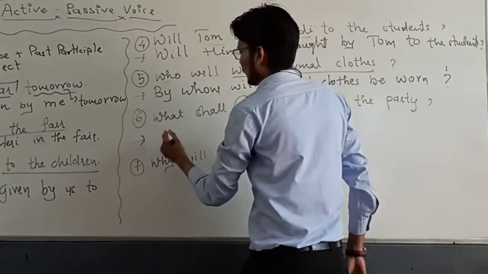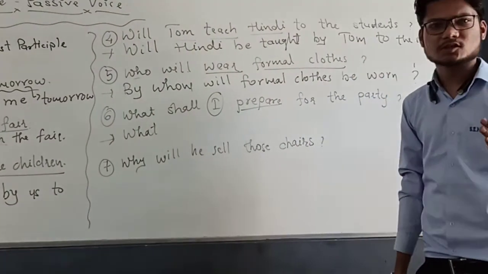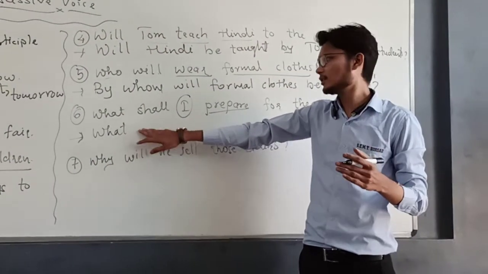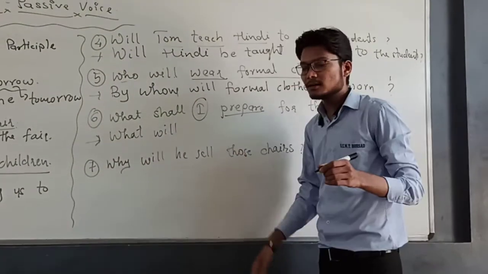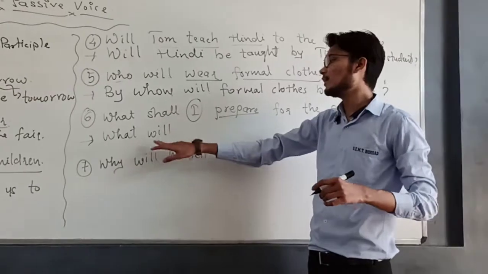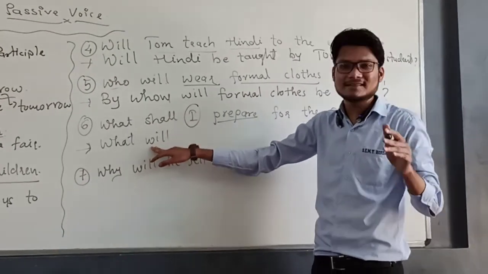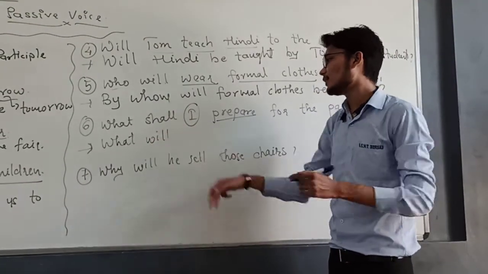First of all, put "what" as it is. Now after "what" you have to add "will". No doubt "shall" is given here, but it is contained in this. We don't have to put "shall", otherwise it can be considered a wrong answer. What will.